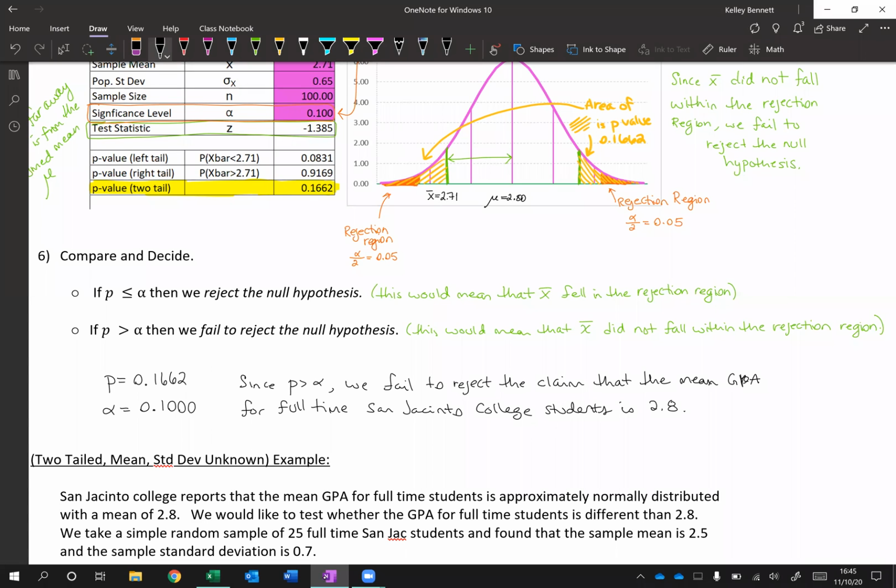So remember, when we fail to reject a null hypothesis, we're not confirming the null hypothesis. We're just saying, I don't not believe you. Like my data doesn't support that you're wrong. So I can't say that you're wrong.